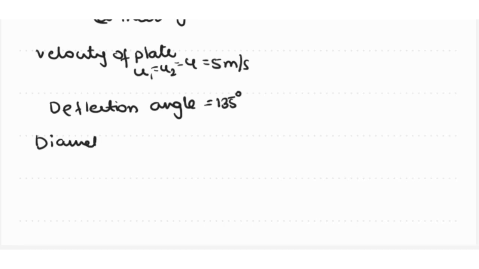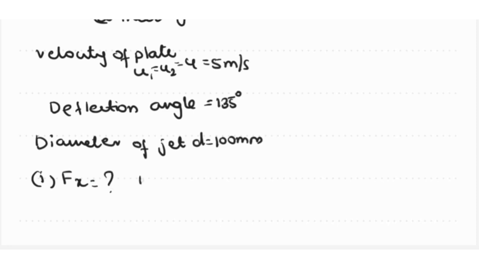Diameter of jet d is equal to 100 mm, so that is equal to 0.1 meter. So you have to calculate first one, Fx is equal to question mark. Second one, power is equal to question mark, and third one is efficiency is equal to question mark.